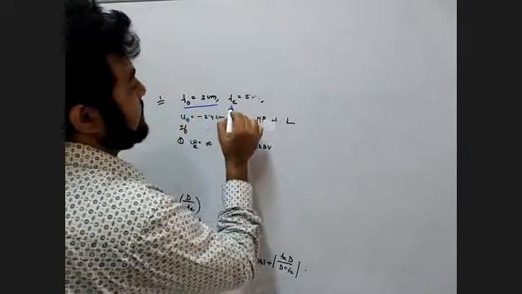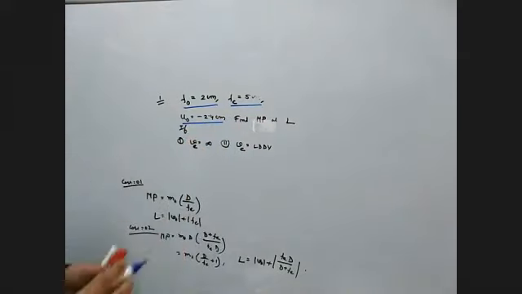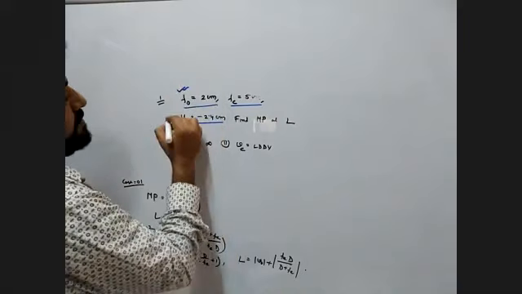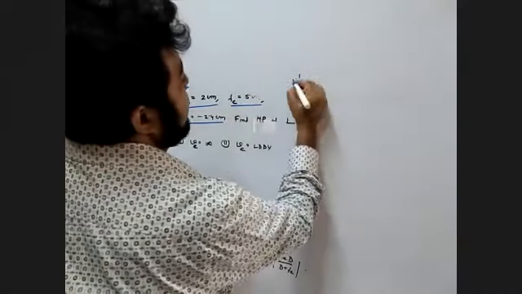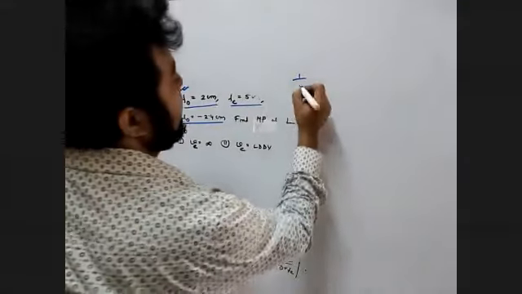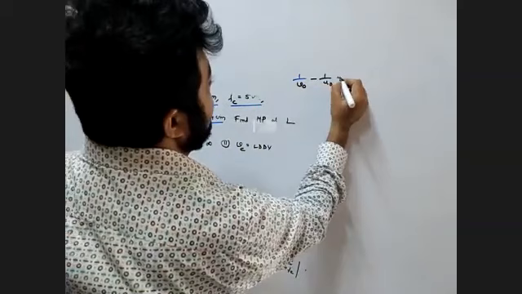First of all, focal length of the objective is 2 centimeter and eyepiece minus 5 centimeter. Object distance is given as minus 2.4 centimeter. So as we know the focal length of the objective and the object distance of the objective, from these two data I can find out V naught. 1 by V naught minus 1 by u naught is 1 by f naught.